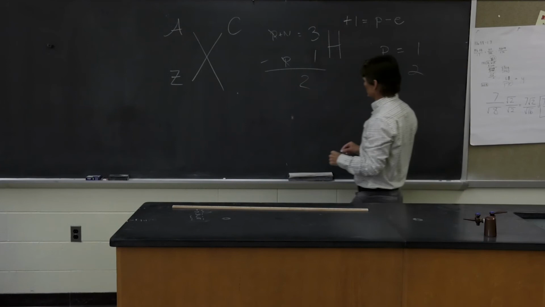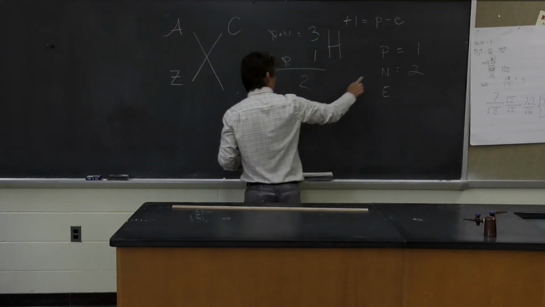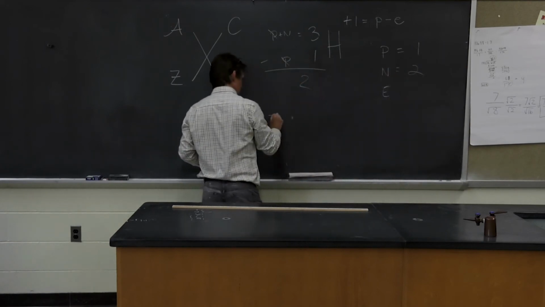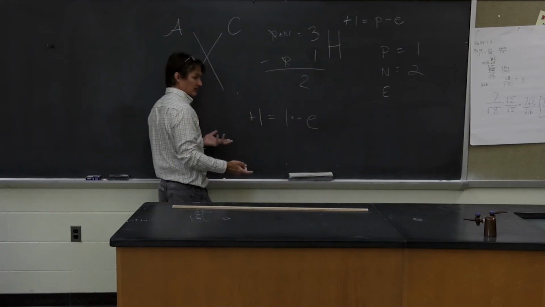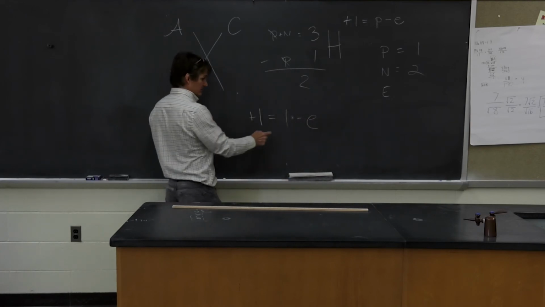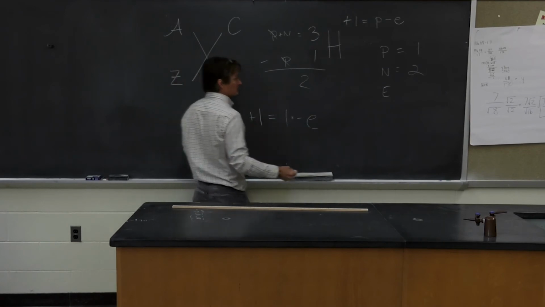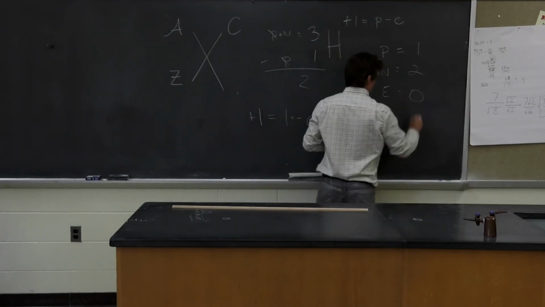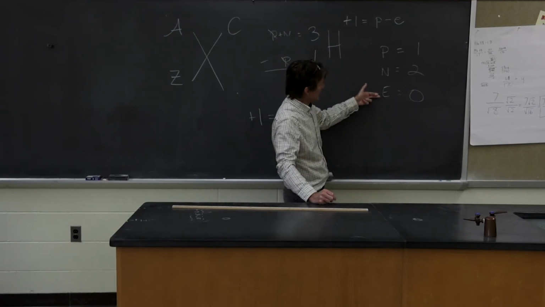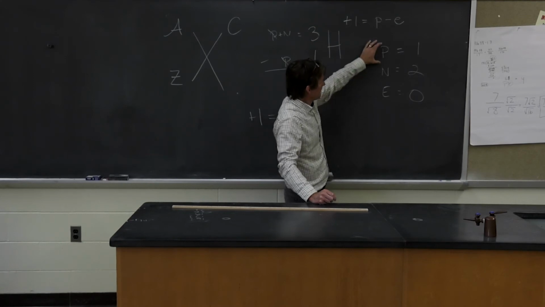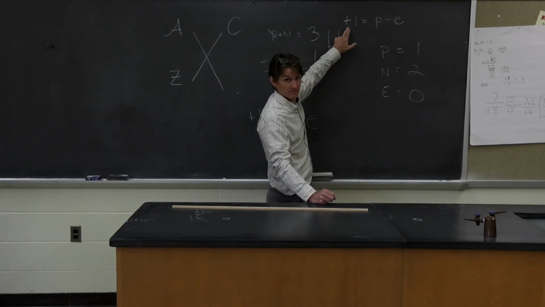If I put in my number of protons and subtract my number of electrons, well, electrons got to be 0, doesn't it? 1 minus 0 is 1. And that makes sense, right? Because if I've got a single proton with a positive charge, and no electrons to cancel them out, my charge is going to be a plus 1.